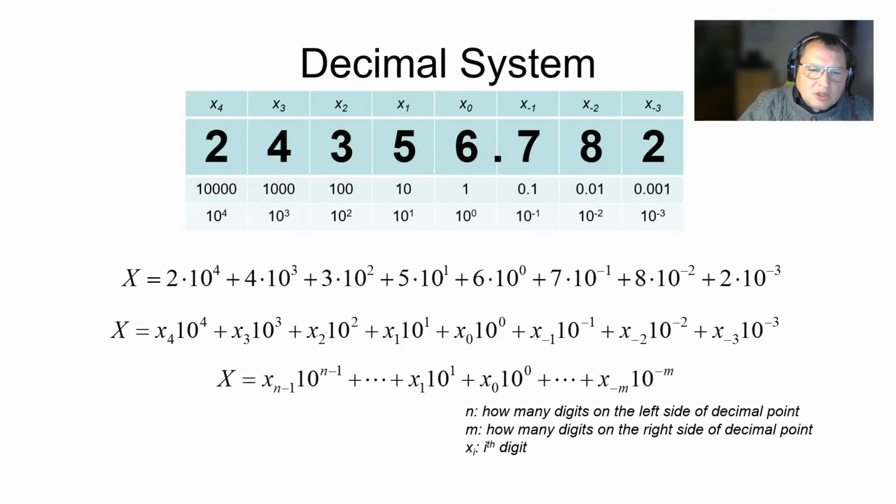So we have n digits on the left side, m digits on the right side, and each individual component in this long sum will always have x with some index times 10 to the power with the same value as the index next to x.